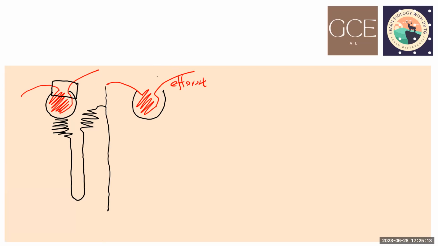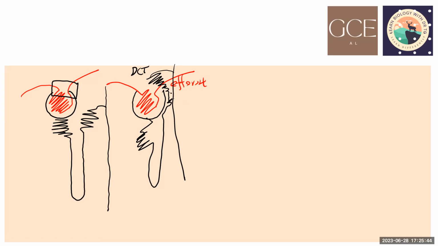So the distal convoluted tubule I can draw like this, and the collecting duct. So I slightly change the organization because they are closely related to the other structures. That means this is the distal convoluted tubule and this is the efferent arteriole.